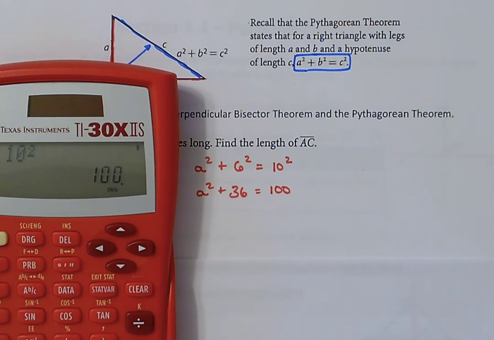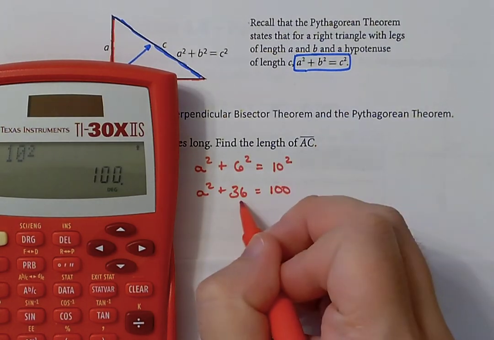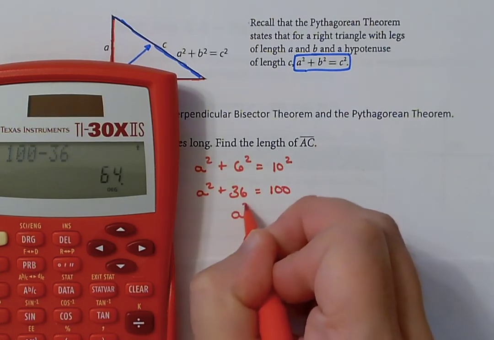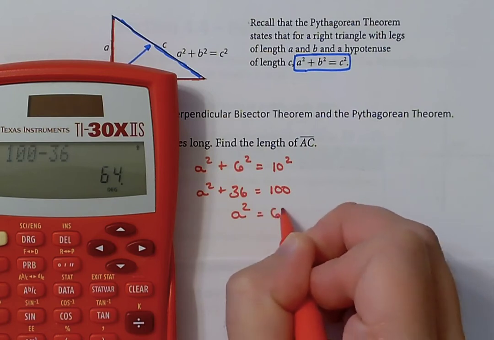So I have a squared plus 36 equals 100. We need to subtract the 36 to the other side, so we do 100 minus 36, and we get a squared equals 64.